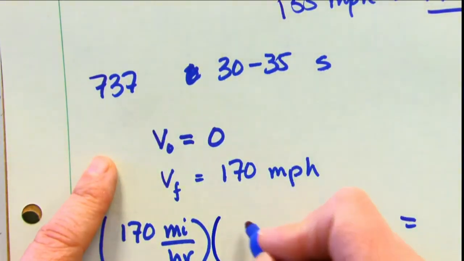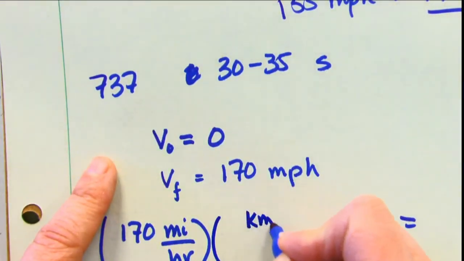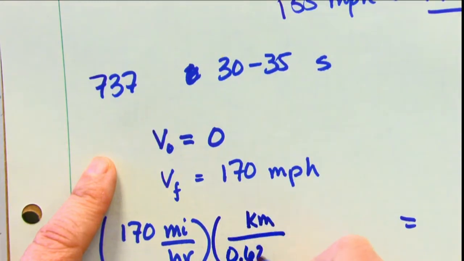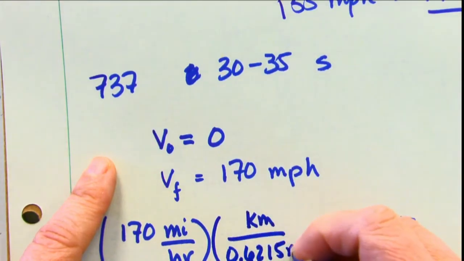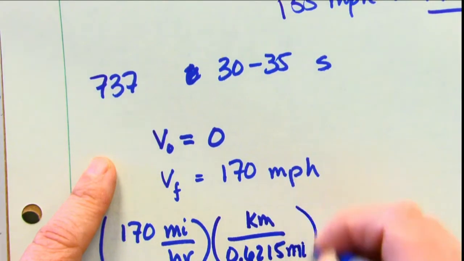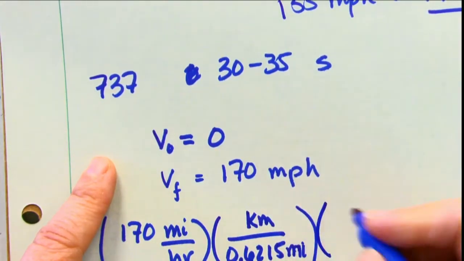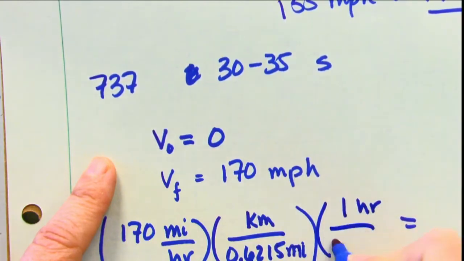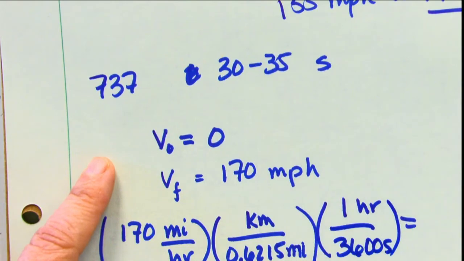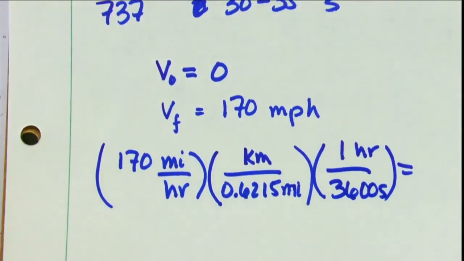All right, so we're going to put this in kilometers, and this is 0.6215 miles. And is everybody comfortable with me going ahead and saying that 1 hour is 3,600 seconds? Okay, we got 1 hour is 3,600 seconds.